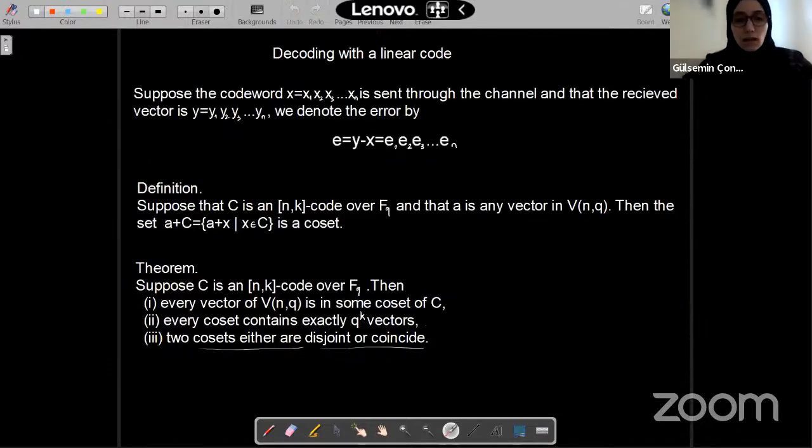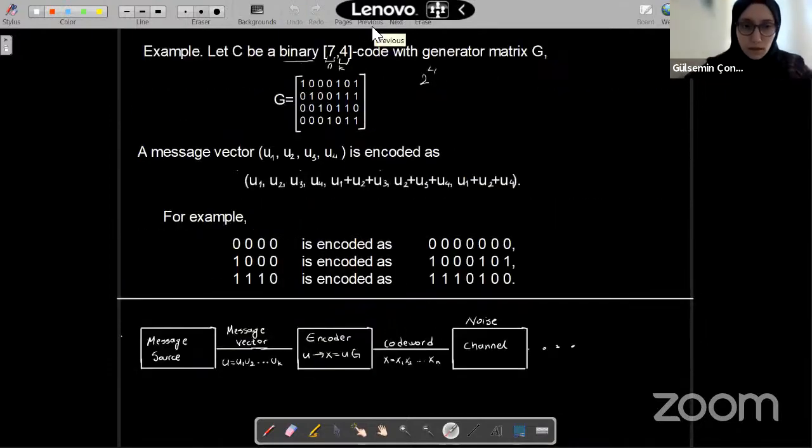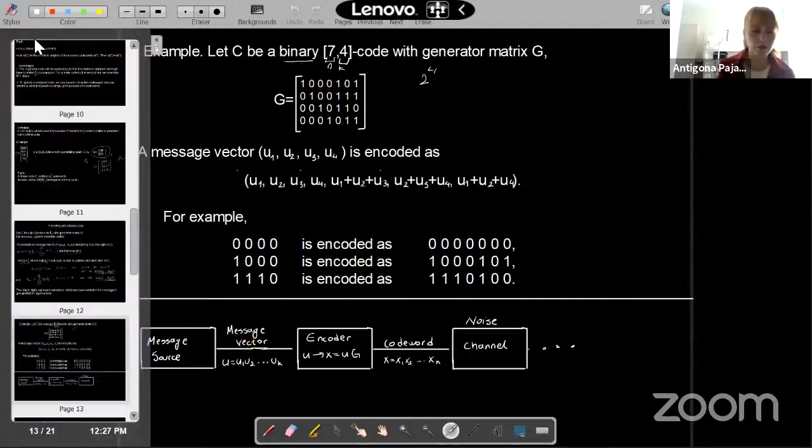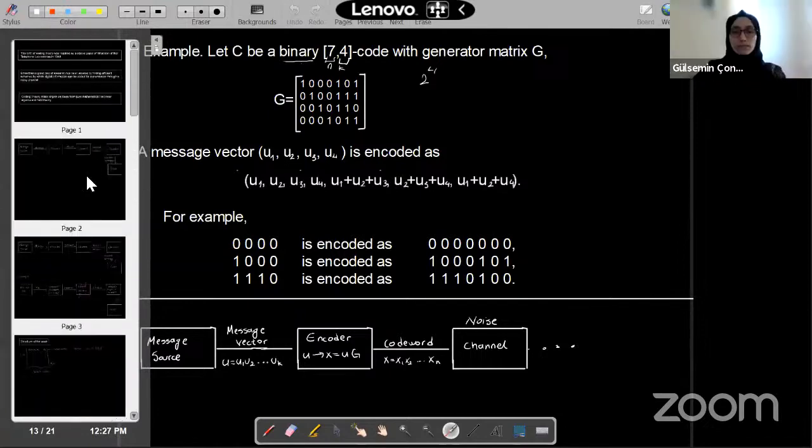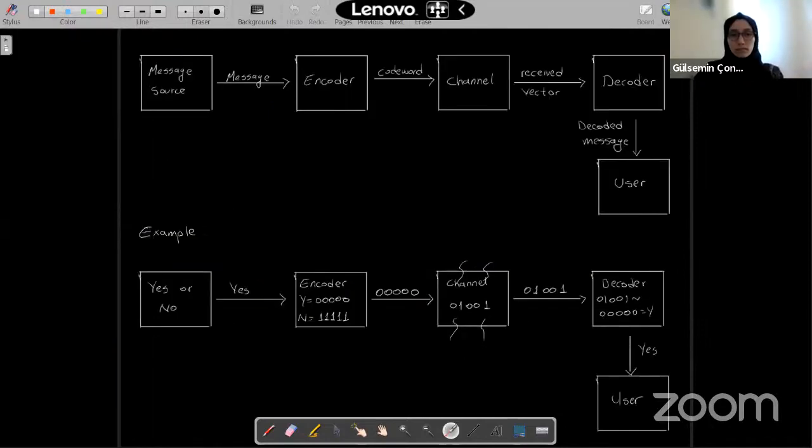Antigona, I didn't understand how we create the message vector here. Here, you just give it. It depends on how you're going to give the message vectors. When you send it to the encoder, if you remember, wait, let me go here. You send it to the encoder, and then the encoder decides on what digits are going to represent it, and then it sends it to the channel.